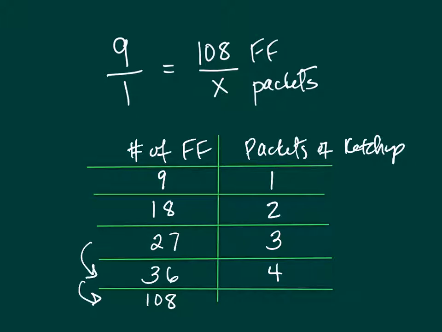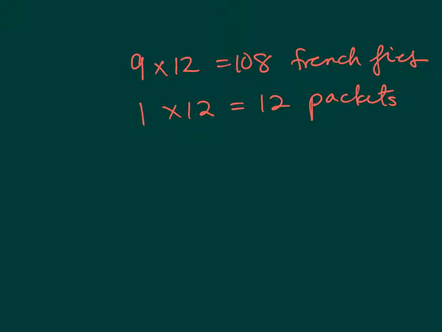Is there a way to figure out how to get from 9 to 108? If you kept going with that table, you would see that 9 times 12 is 108. And if you went another 12 times with the packets, you would get 12 packets. So that's your answer: 12 packets of ketchup.